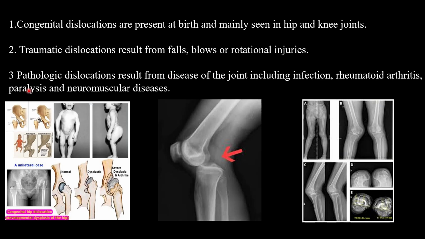The third one is pathologic dislocation, resulting from a disease of the joints, including infection, rheumatoid arthritis, paralysis, and neuromuscular disease. In this picture, you see the congenital dislocation, this is the traumatic dislocation, and this is the pathological dislocation.